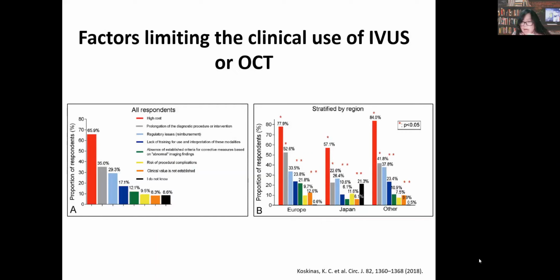That is, high cost, prolongation of the diagnostic procedure or intervention, reimbursement issues, lack of training for use and interpretation of these modalities, absence of established criteria for corrective measures based on abnormal imaging findings, risk of procedural complications, clinical value not being established, or other factors. So, precise PCI has a long way to go.